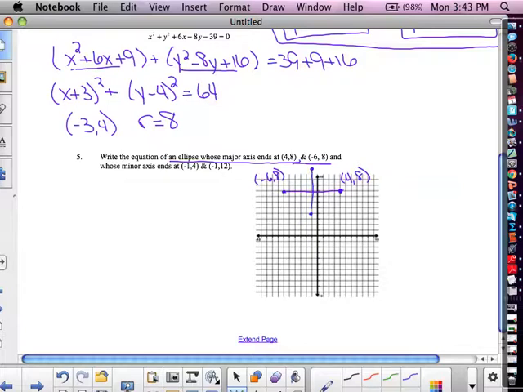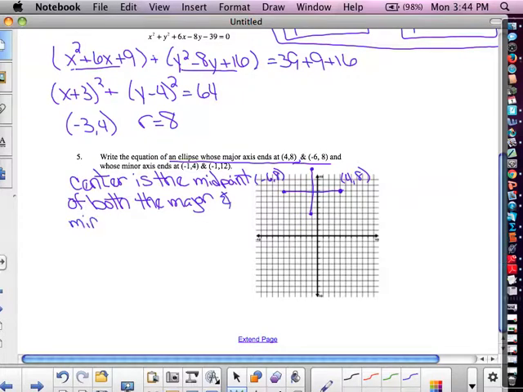So if you just draw those two axes in, you'll find the point of intersection, which is the center. Remember, the center is going to be the midpoint of the major axis and the minor axis. So that's going to put my center for this problem at minus 1, 8.